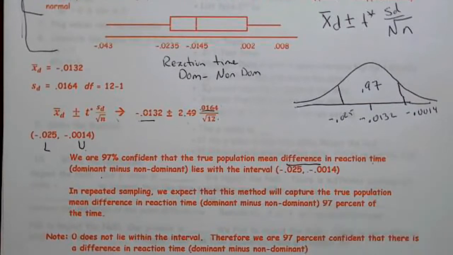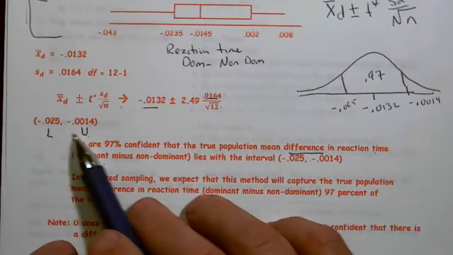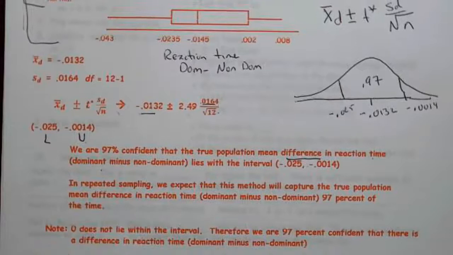One thing we should note is 0 doesn't lie within the interval. So 0 is not a plausible value, and 0 represents no difference. The fact that 0 doesn't lie within the interval means there is a difference.